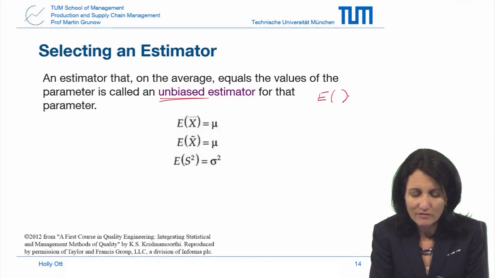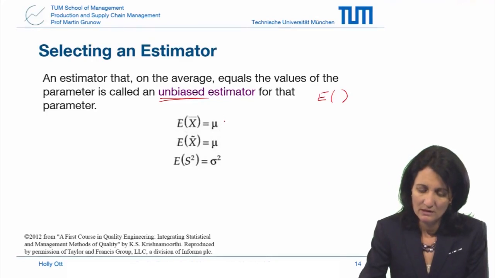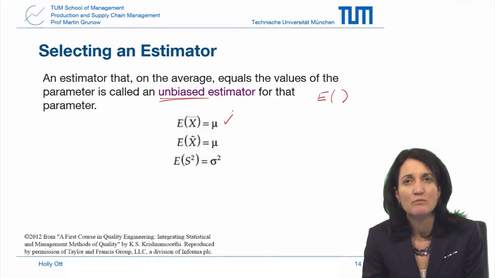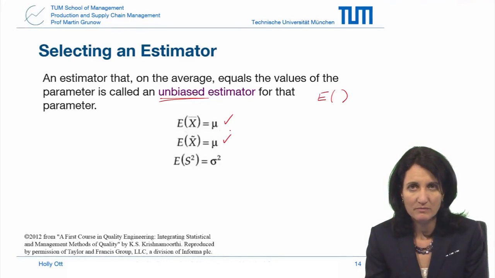And it can be shown for normal populations that the expected value of x bar is indeed the mu, or the mean of our population, and also the expected value of the median is the mean of our normal population.